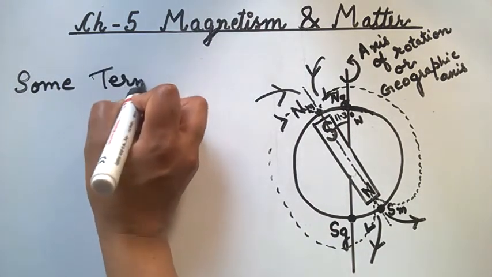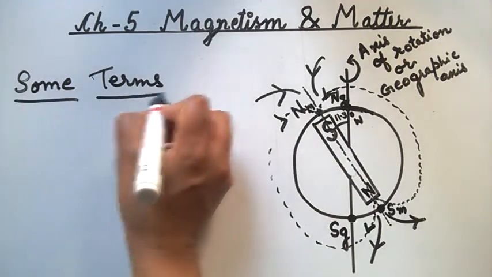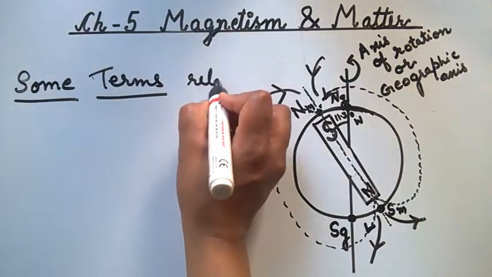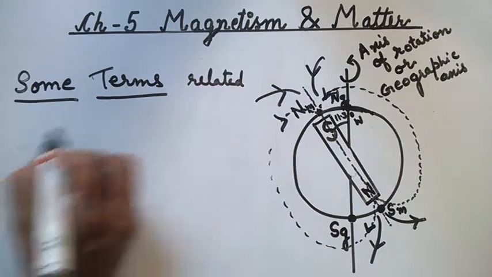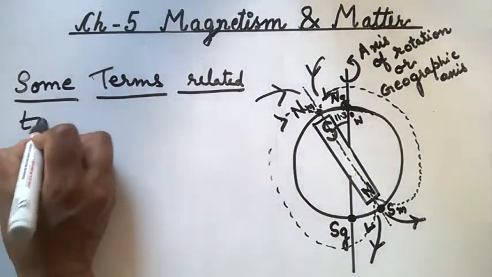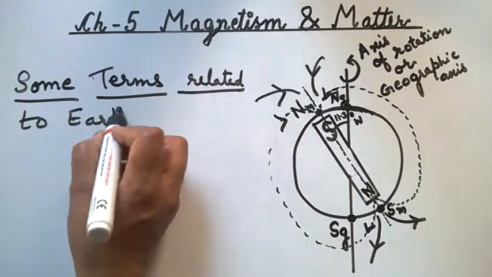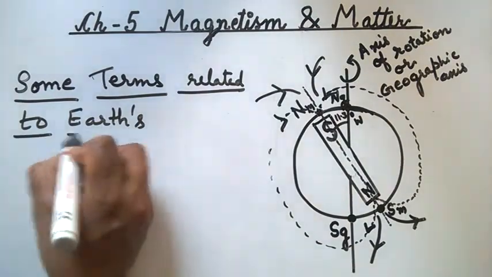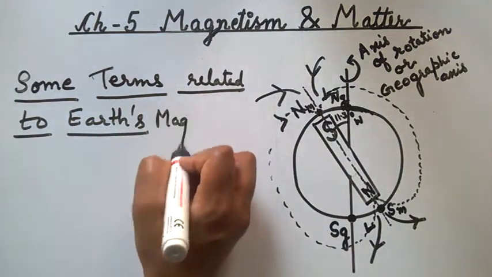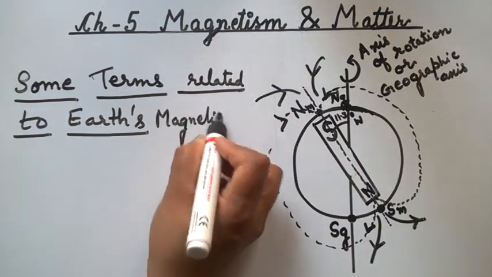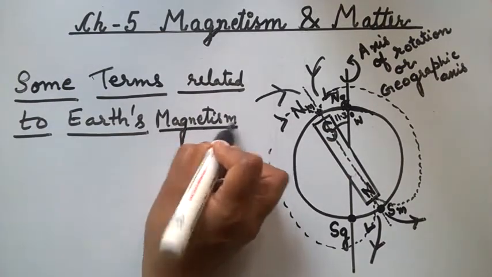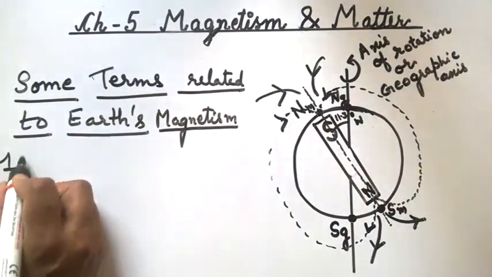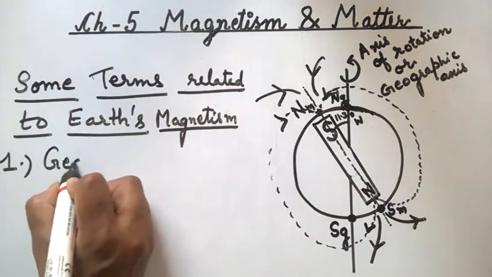So let's see some terms related to Earth's magnetism. Number one is geographic axis.